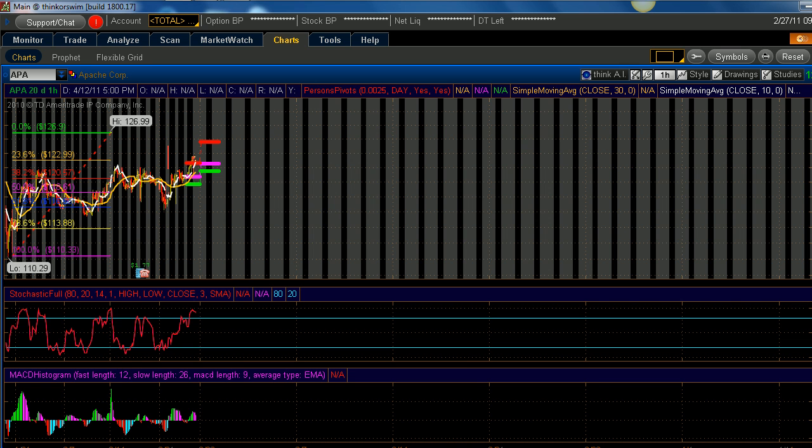I did a bull call spread, and I'm actually still in it. Now, looking at the 60, it could come back down, pull back here a little bit. My target for Apache is around 127, right there. That's my short term target on Apache.